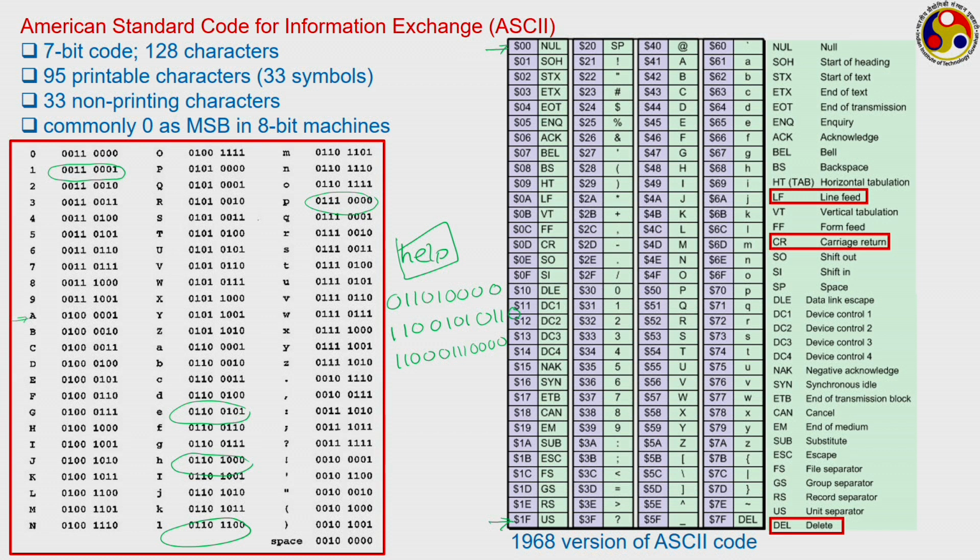But one issue is that all the characters that are considered in this ASCII set are just common to English, the upper and lower case English alphabets and the digits.